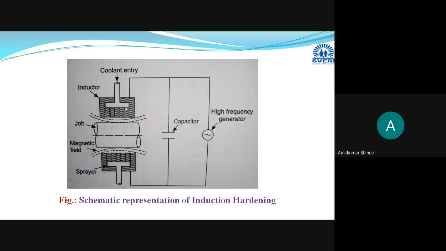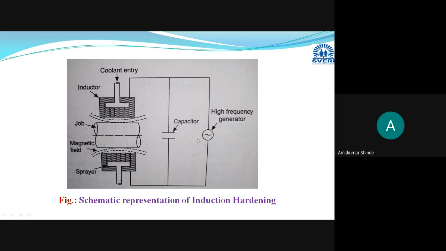This is the diagram or arrangement for induction hardening. It consists of a high frequency generator, from which high frequency alternating current is supplied.